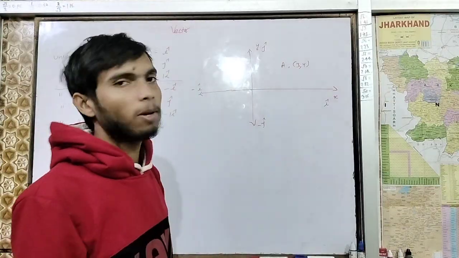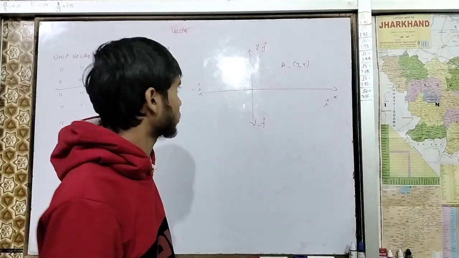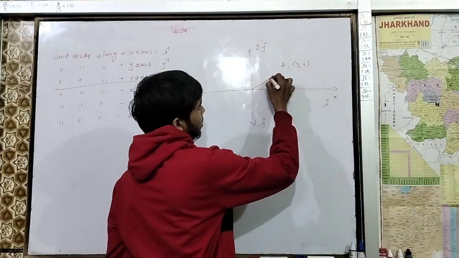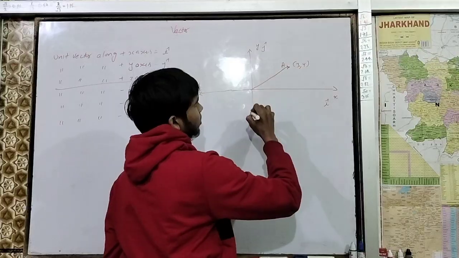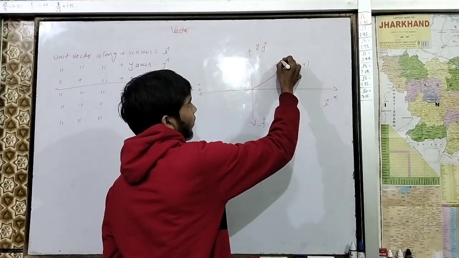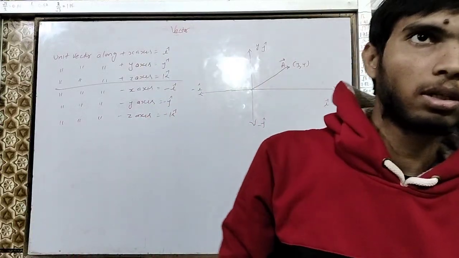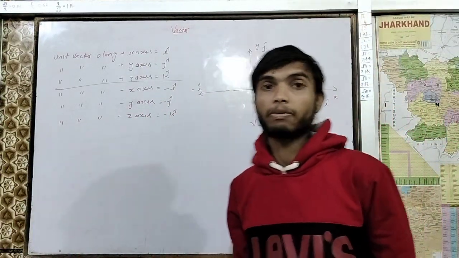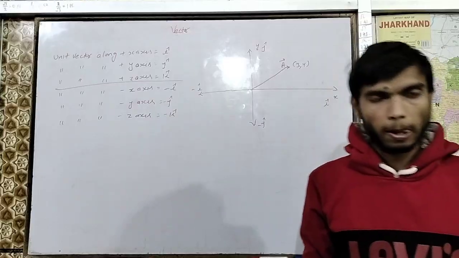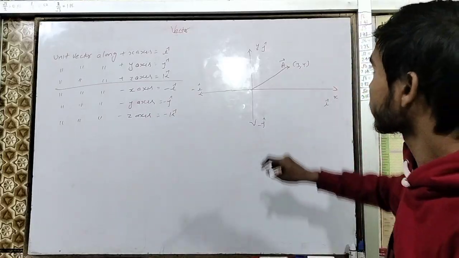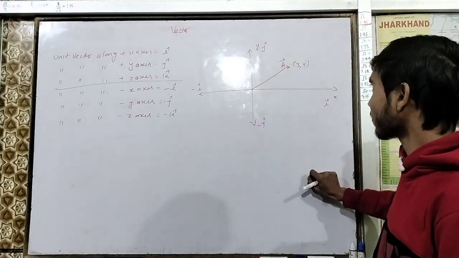What is the location of a particle according to origin? We would say this is our A vector according to reference origin. Over here our reference is origin. With respect to origin, this is the location of a particle.